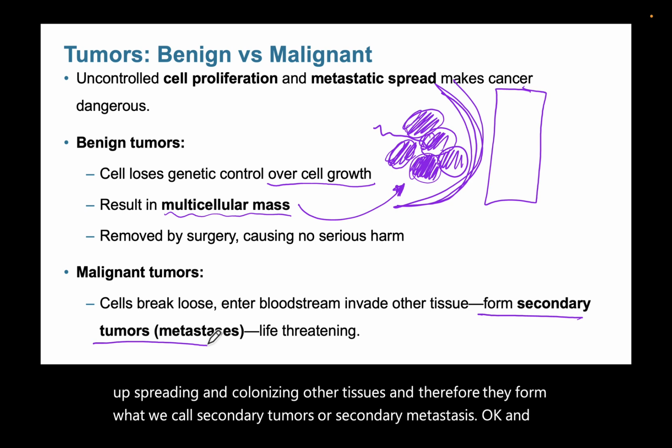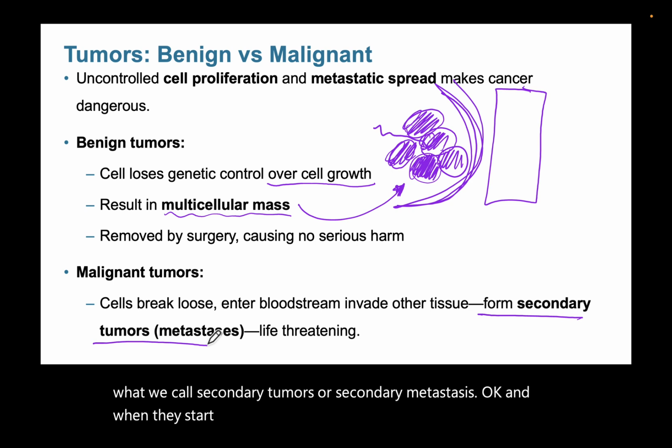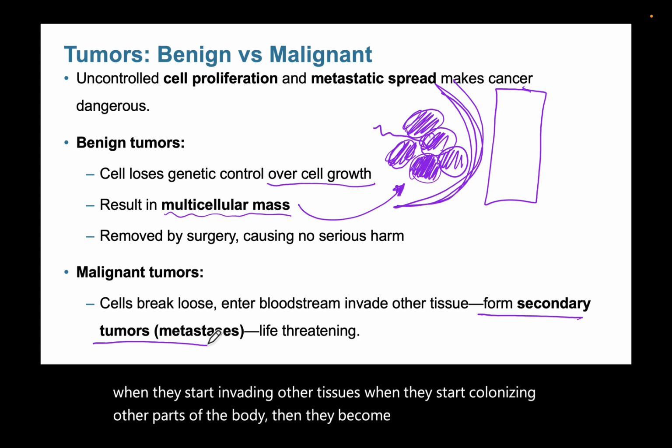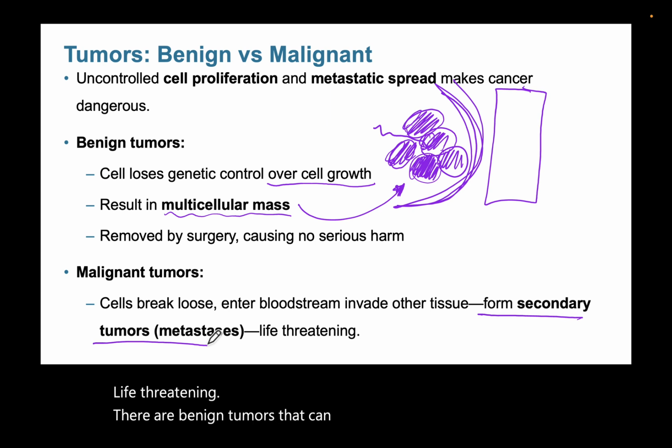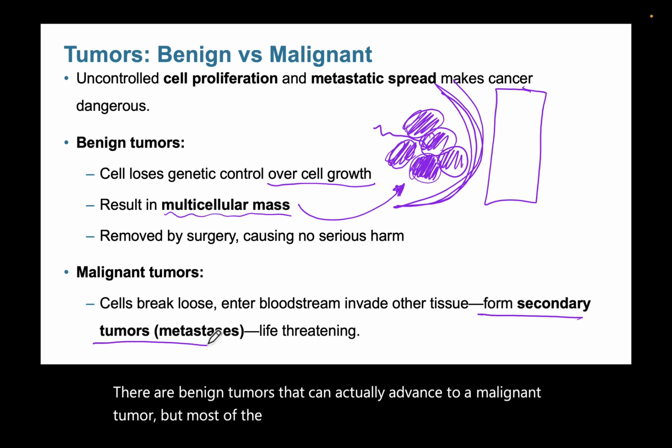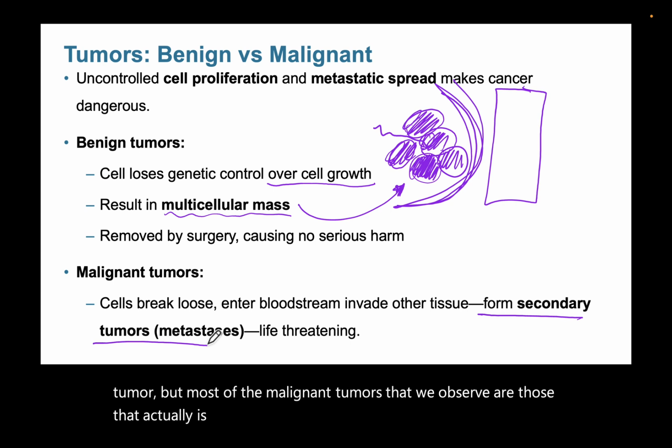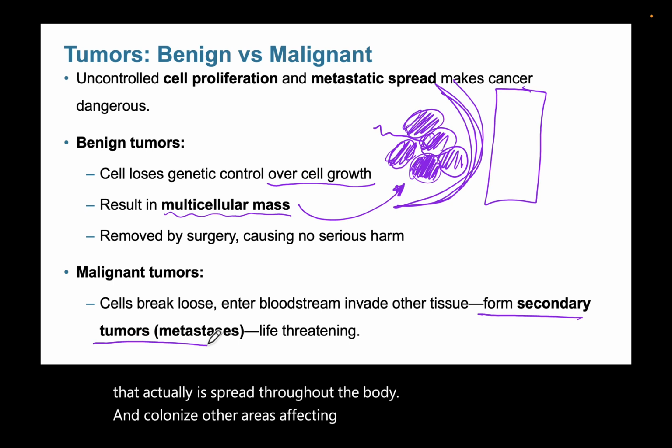And when they start invading other tissues, when they start colonizing other parts of the body, then they become more life-threatening. There are benign tumors that can actually advance to a malignant tumor, but most of the malignant tumors that we observe are those that actually spread throughout the body and colonize other areas, affecting other areas.